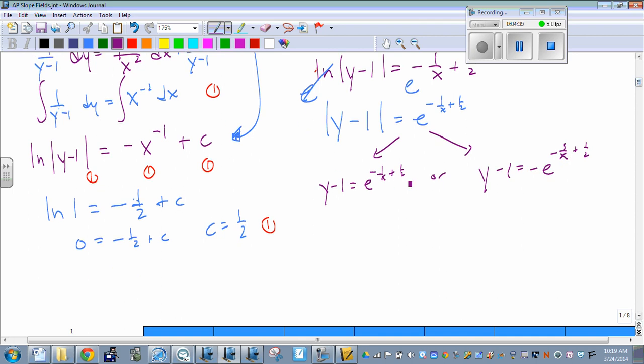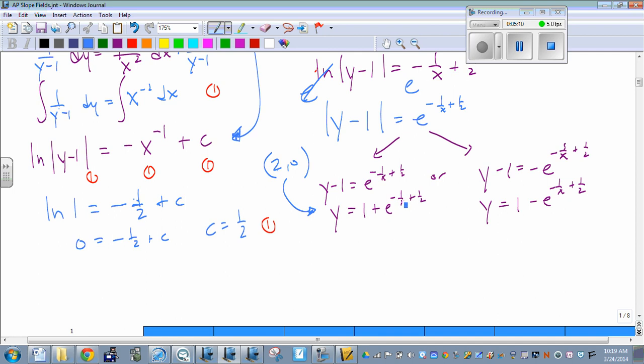We have to figure out which one of these works. The key to figuring out which one is the correct answer is that initial point. We know it has to go through 2, 0. So if we put 2 in here, well, actually, let me take one more step. I'm going to solve for y. So we get 1 plus e to the negative 1 over x plus 1/2, or y equals 1 minus e to the negative 1 over x plus 1/2. If we put 2 in for x, we need to get 0 out for y.